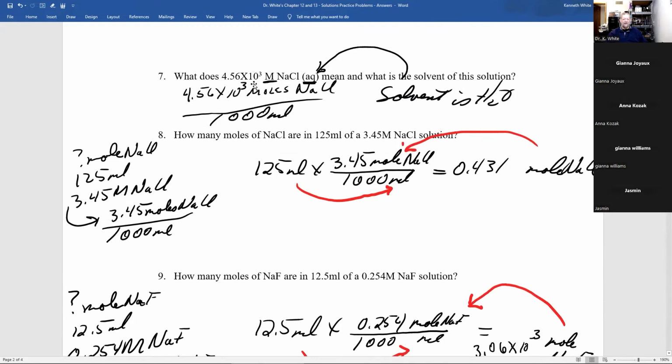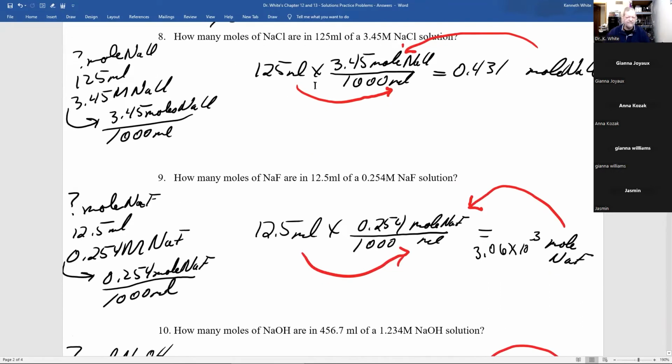Therefore, the number in front of the capital M is how many moles, and the formula after the capital M, sodium chloride, is the solute per 1,000 milliliters of solution. And this (aq) tells you the solvent is water. Again, (aq), the solvent is water.